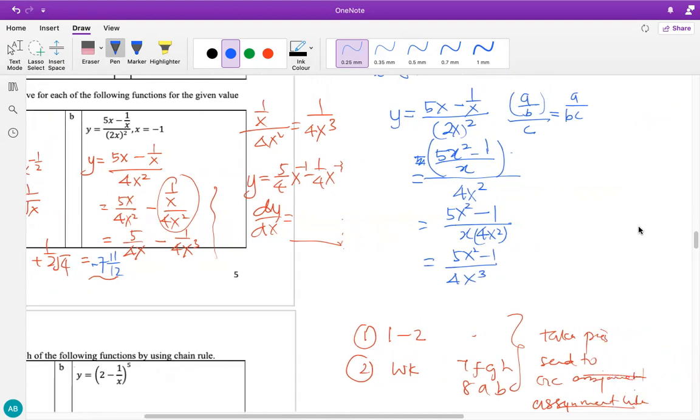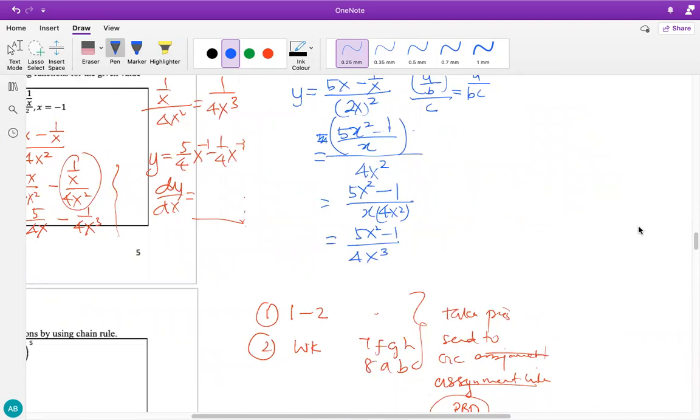So we cannot differentiate first. So we need to simplify. So you get here y equals 5x squared over 4x cubed, and then minus 1 over 4x cubed.